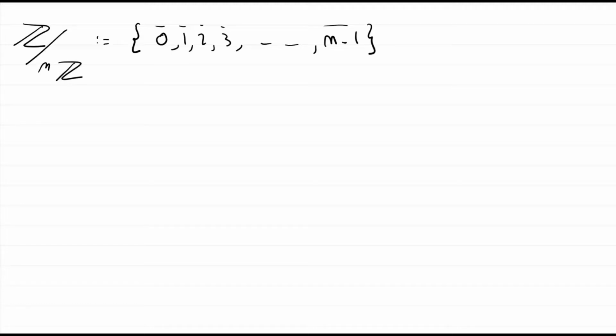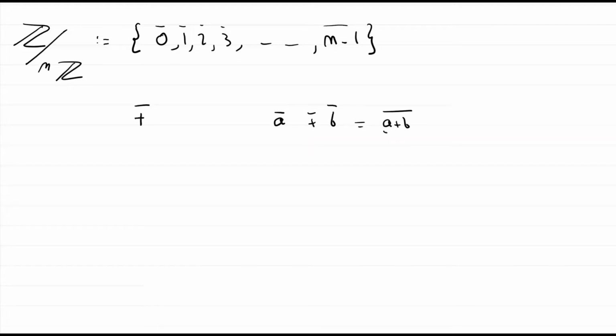So in this structure, I have this operation plus. And how do I add two numbers? I say a modulo n plus b modulo n is the same thing as a plus b all modulo n. This plus here is the usual plus for integers, and this plus here is the plus of this structure.